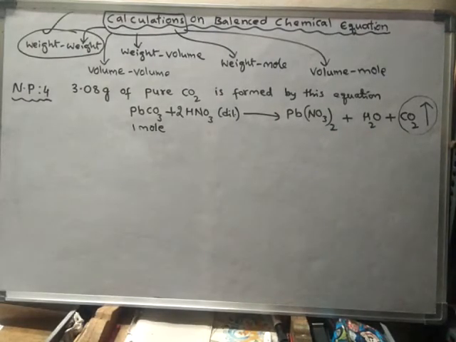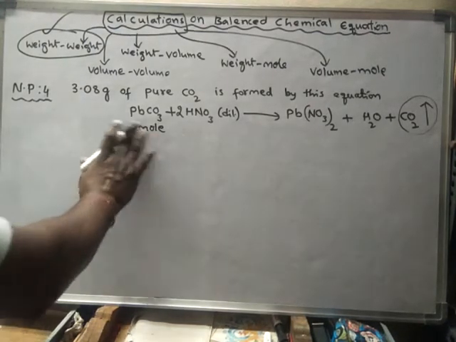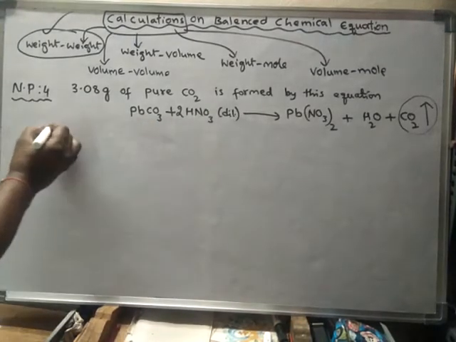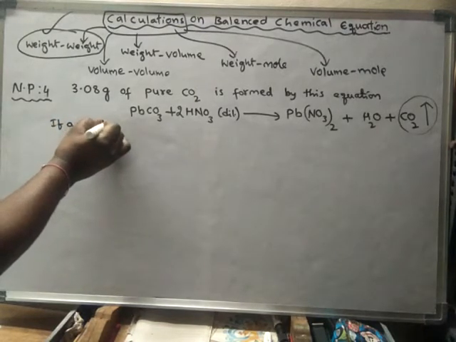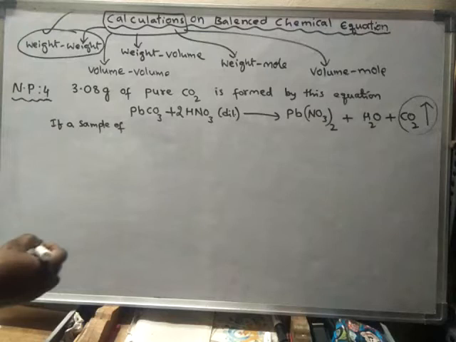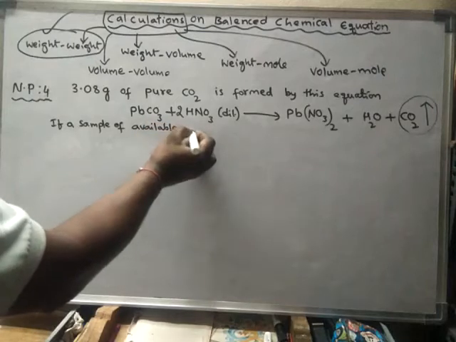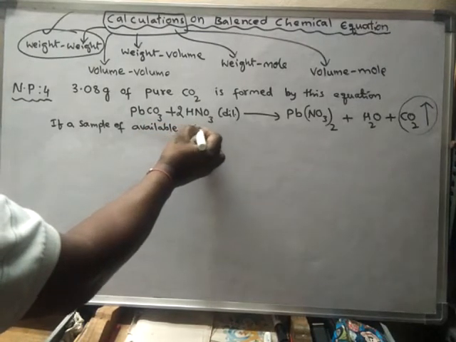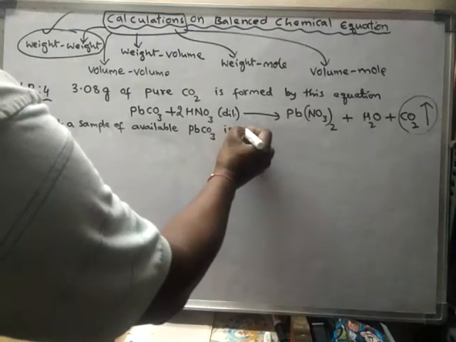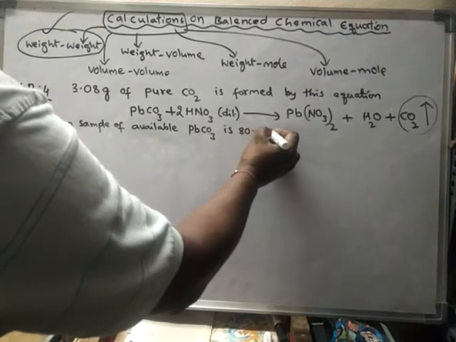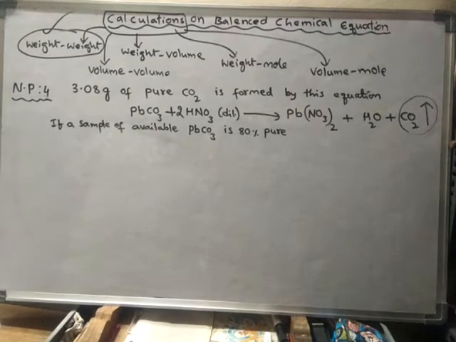Now let us complete the question. If a sample of available lead carbonate is 80% pure, that means we didn't get 100% pure lead carbonate.